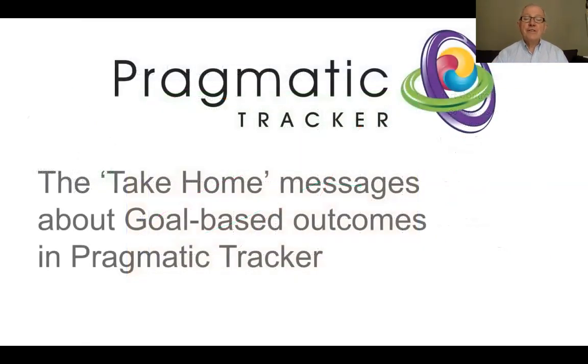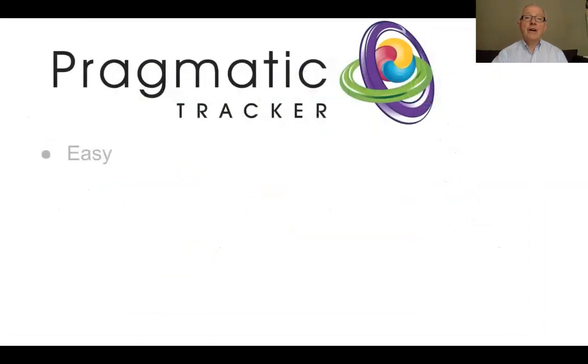So the take-home messages, I guess, about our goal-based outcomes in Pragmatic Tracker are that, first of all, it's really, really easy to use. Both our users really like it and the clients of the users really like it as well. It's very flexible because you can switch on and off goals as they become appropriate for your clients to want to measure them, and it's very adaptable.